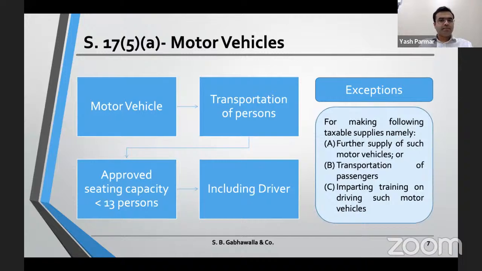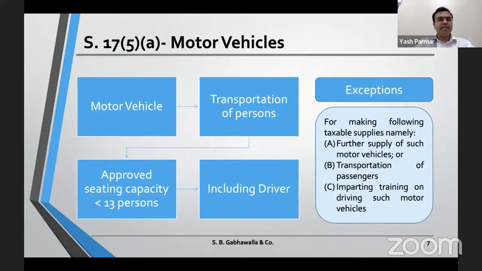I'll repeat again. Motor vehicle, if used for transportation of persons and if approved sitting capacity of the motor vehicle is less than 13 persons, including the driver, then ITC is blocked.